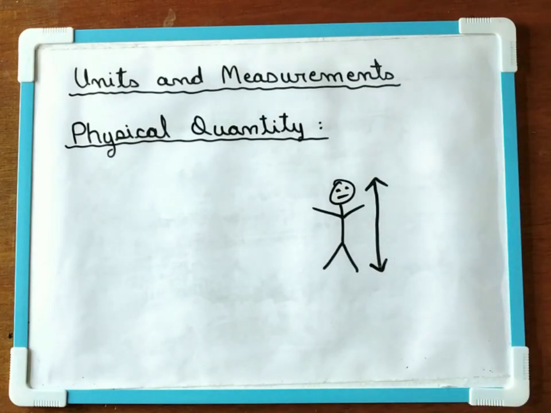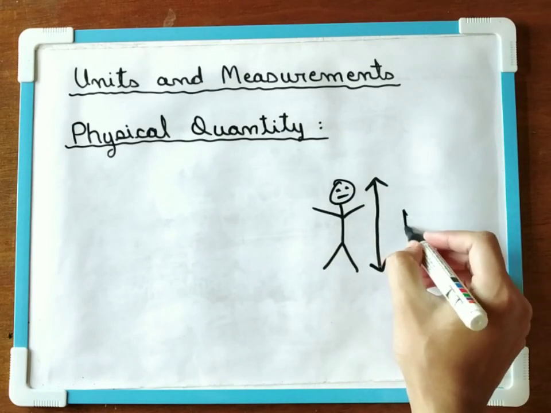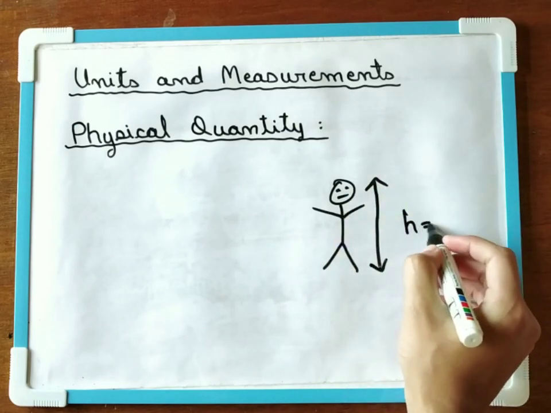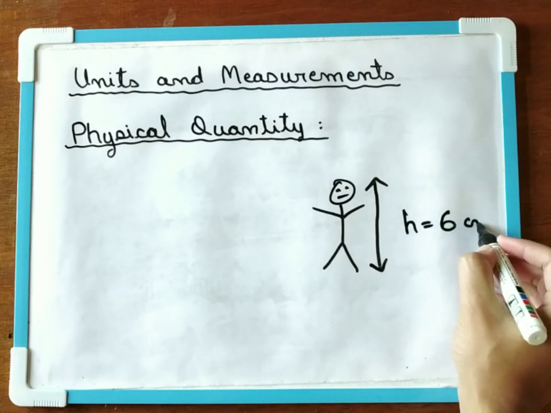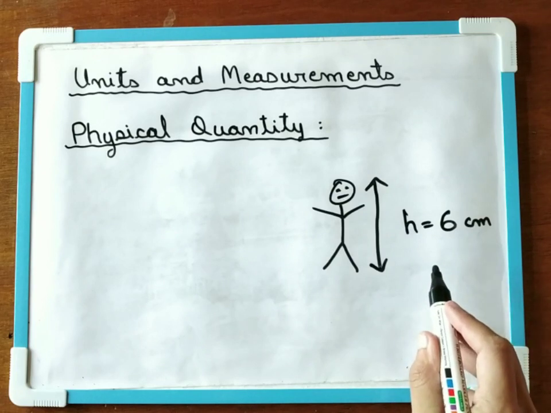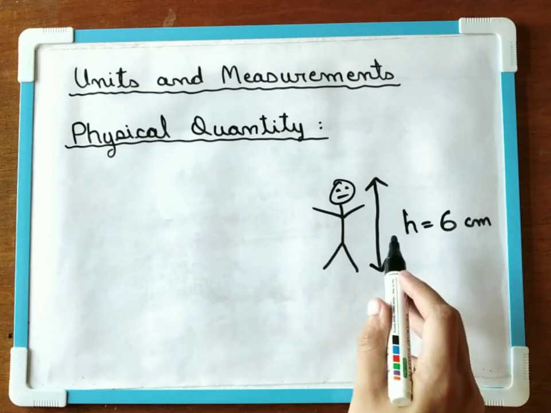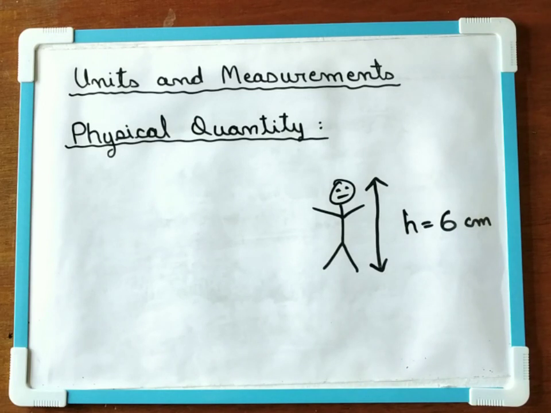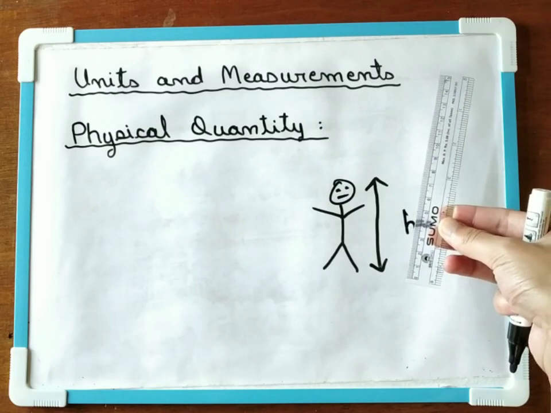Okay, so the height or the length of this stick diagram, or this person here, is equal to 6 centimeter. So this height here is a physical quantity, and to measure this height, we'll have to compare this height with this known standard reference.